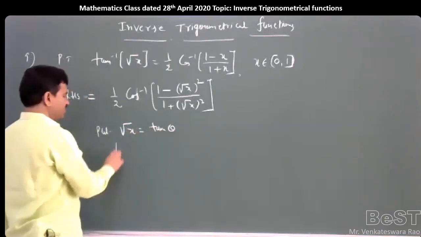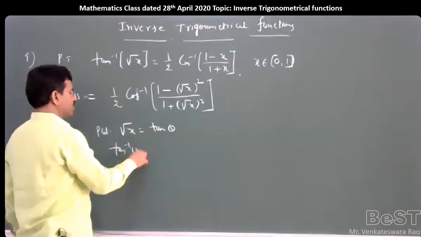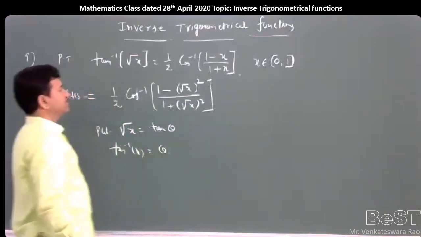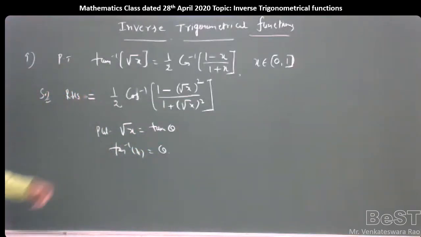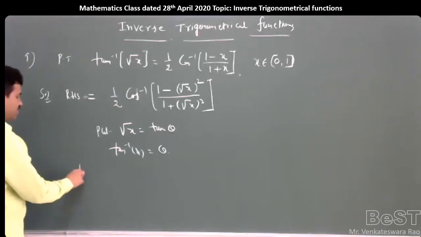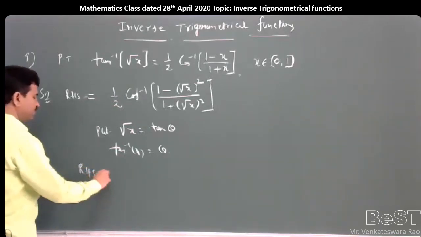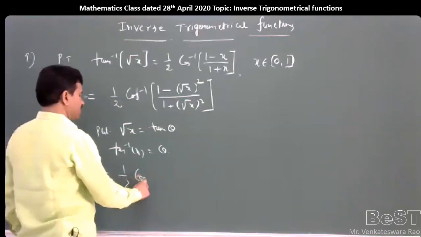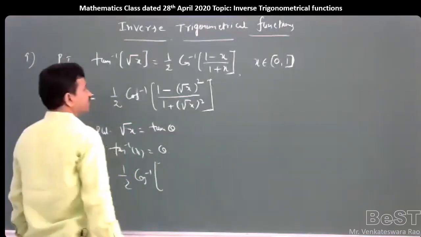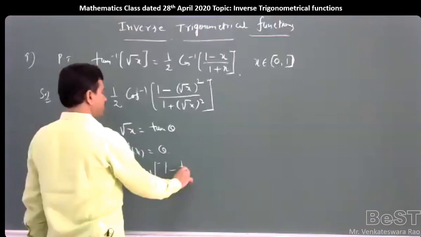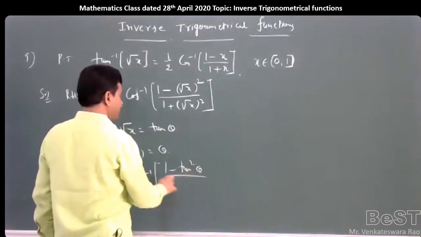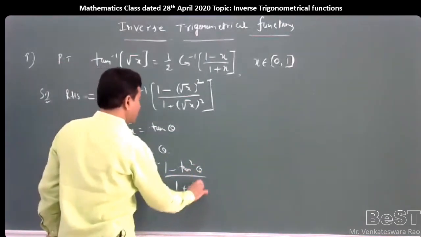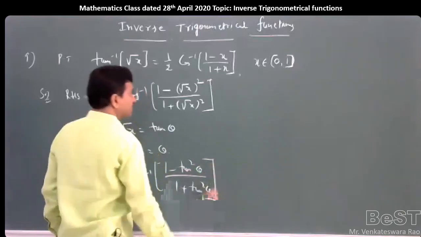So tan inverse of root x is equal to theta. Applying in RHS, the RHS is equal to 1 by 2 cos inverse of (1 minus tan square theta) by (1 plus tan square theta).